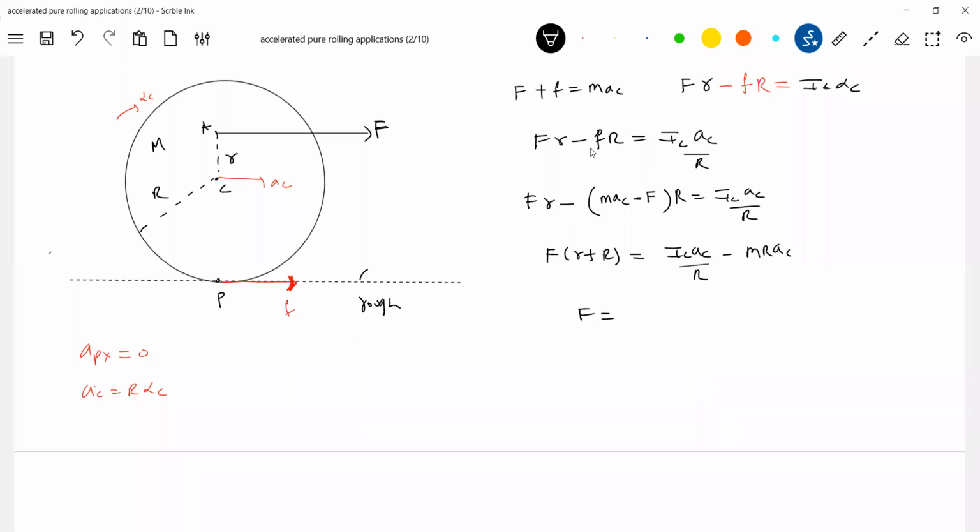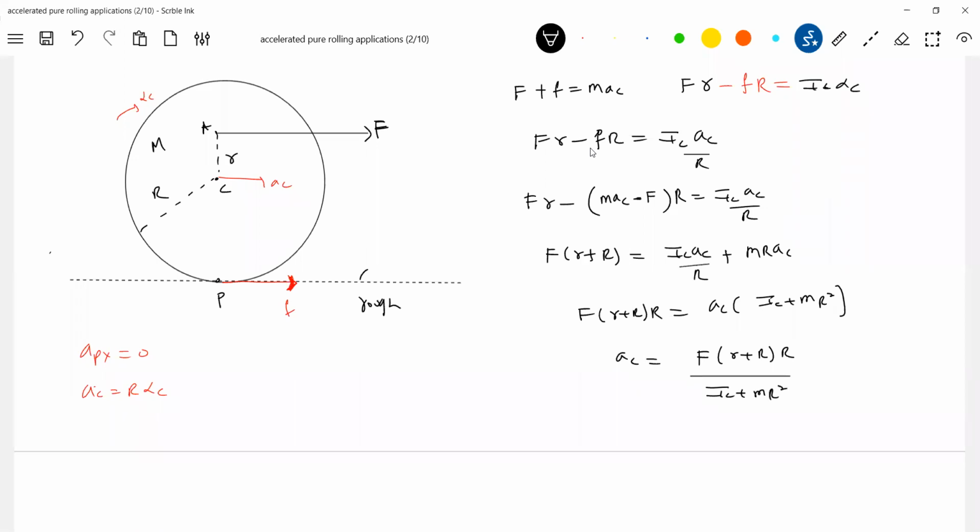So F into (small r plus capital R) will be, taking a_c common, I_c by R plus m R. Check it once. So this will be F into (small r plus capital R) divided by that.